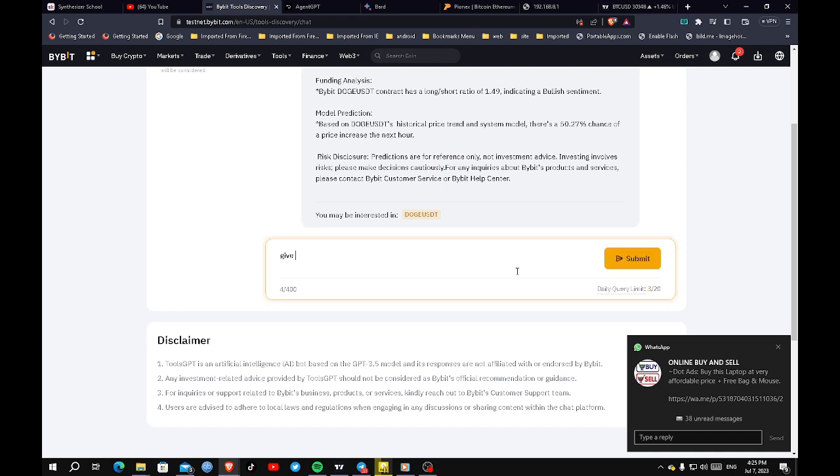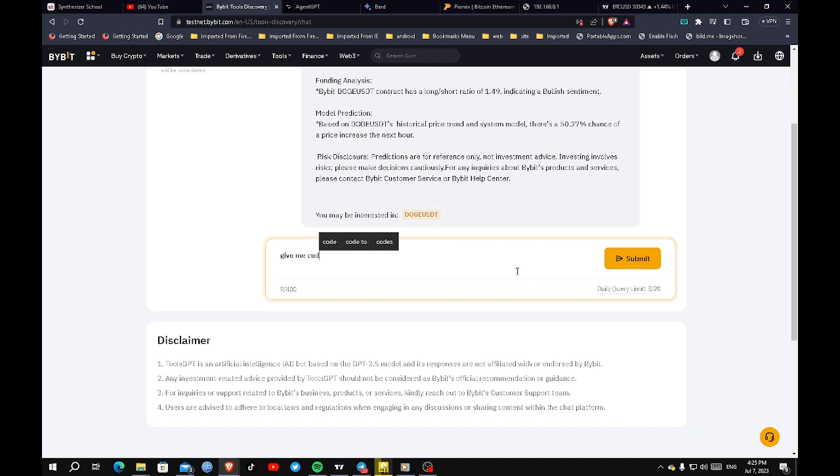Okay, give me code for a trading bot that buys every time Elon Musk mentions Dogecoin on Twitter.